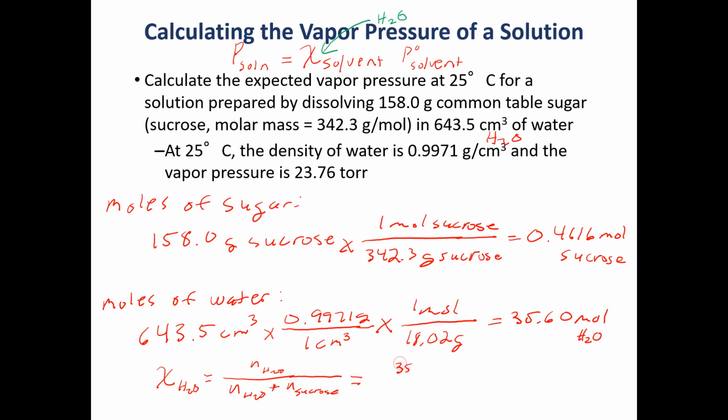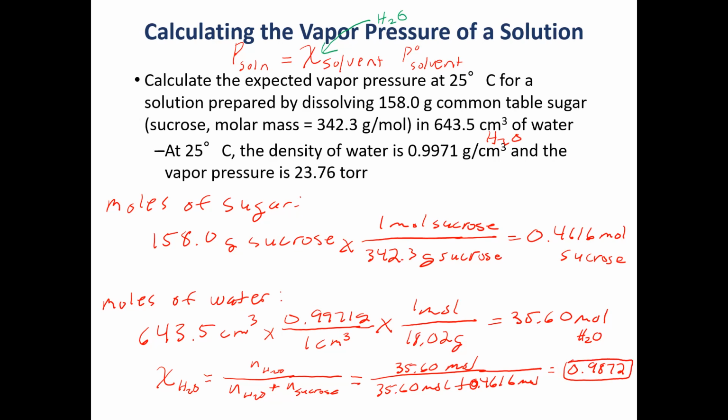So we have 35.60 moles of water, and we add the moles of sucrose. If we take 35.60 and divide that by 35.60 plus 0.4616, we come out with 0.9872 for the mole fraction of water.